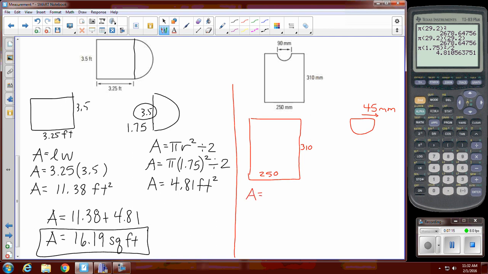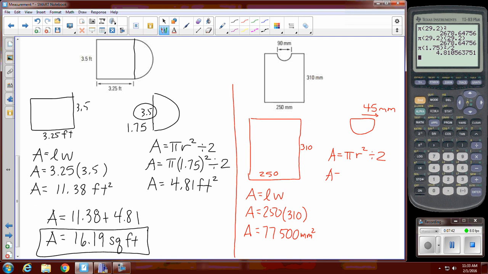So the rectangle again, length times width, 250 times 310, which gets us an area of 77,500 square millimeters. Now if I'm looking at the semicircle, again, we just did this on the last example, it's pi times the radius squared. But we're going to divide it by 2 because there's only half a circle.